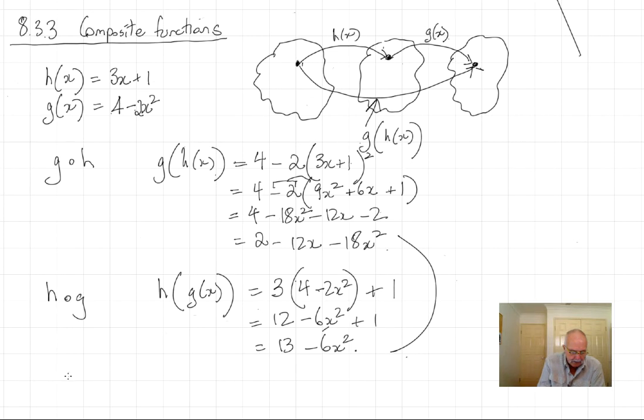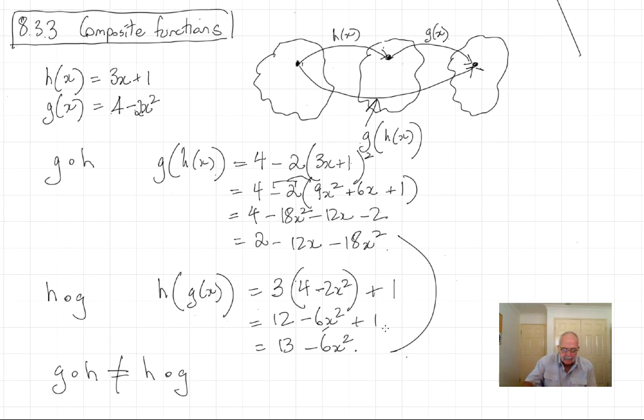Okay, and in this case, g composite h is not equal to h composite g. Occasionally you can get functions where they are, but in the majority of cases you can't assume that those two are going to be the same. So there's composite functions, some basic steps to be able to calculate and simplify the function, and as long as you can understand the concepts up there, that should be all okay.